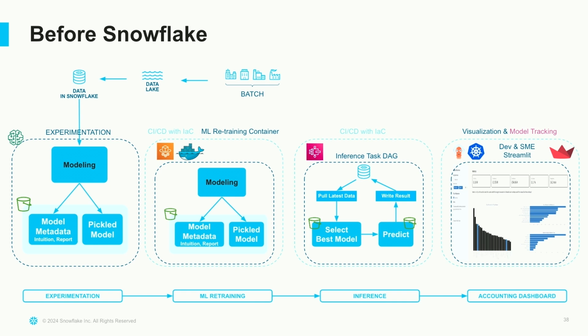And this is just a simple flow of going from experimentation to how do you productionize and do inference, and also accounting for it more on the model governance side. So let's just skim through what we are doing here.